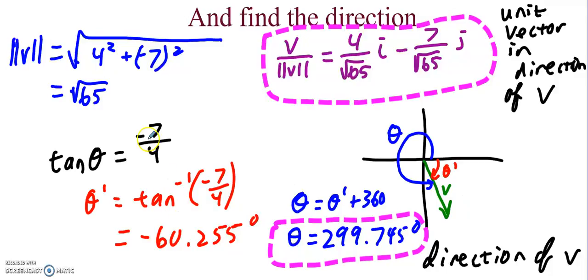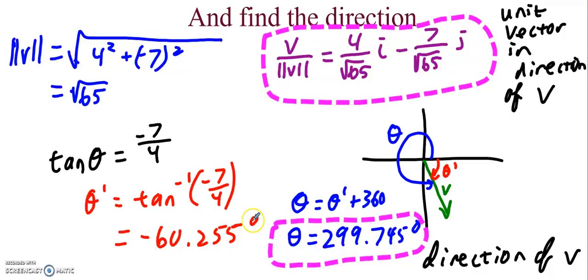However, when I do the tangent inverse of negative 7/4, I'm going to get what I'm going to call theta prime. Theta prime, in this case, is not exactly my reference angle because it's negative, but it's going to relate to my reference angle. What I do need to think about is the range of the tangent inverse function and the fact that when it gives me negative 60.255 degrees, I know that that is a negative angle in the fourth quadrant, and in this case, that is okay in terms of the vector is in the fourth quadrant.